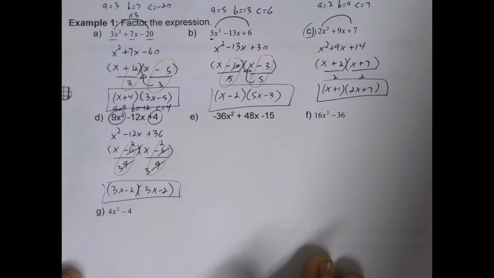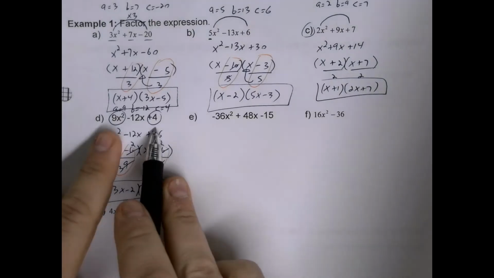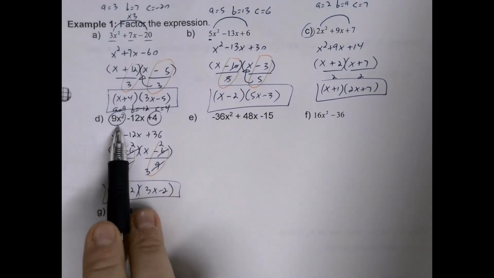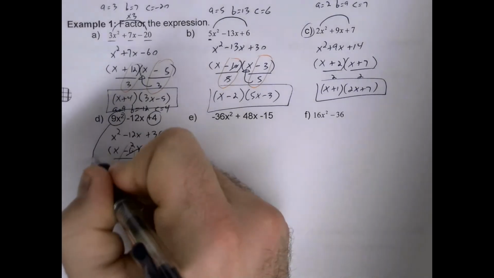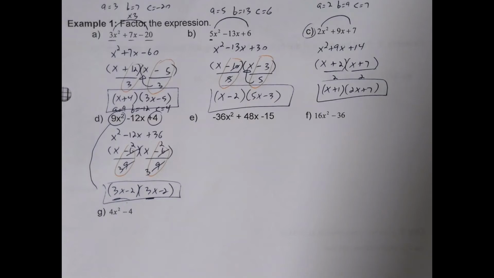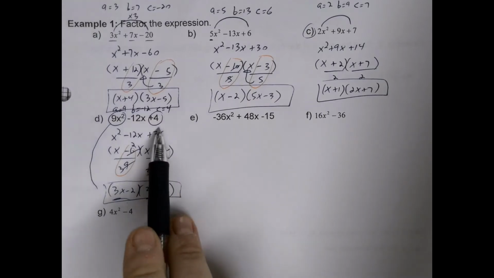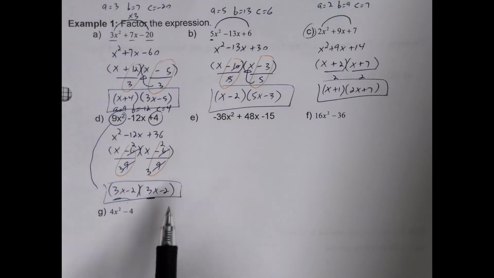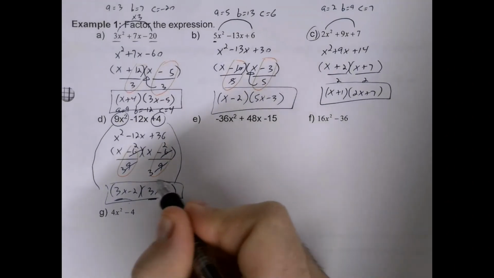See, it turns out that if you square root both of these terms, what's the square root of 9x squared? A 3x. So that's how you got that 3x and this 3x. You see that? And what's the square root of 4? 2 and 2. So that's how you got the 2's to pop up there.